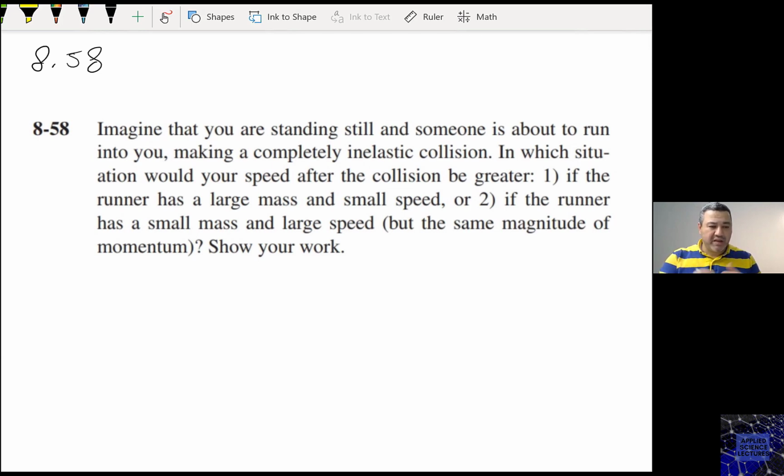Momentum is his mass times his velocity, so he has the same momentum in both cases. We want to see in which case you will have the greater velocity: when he has a small mass and large velocity, or a large mass and small velocity.